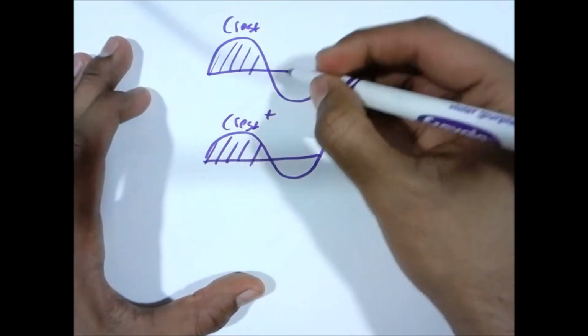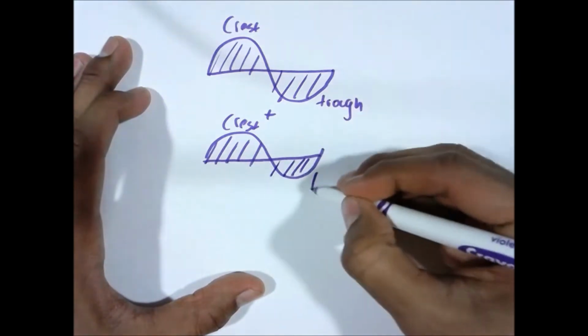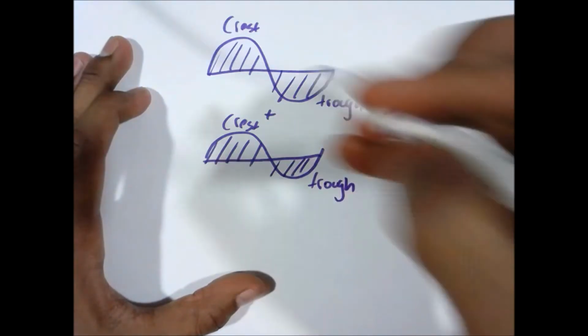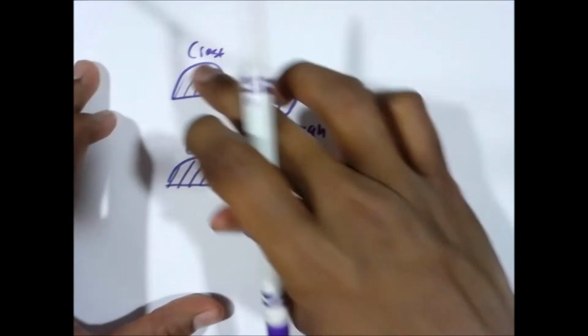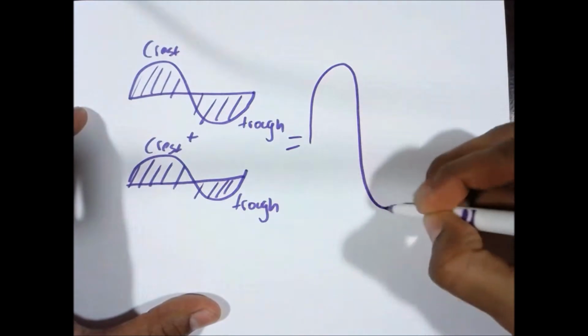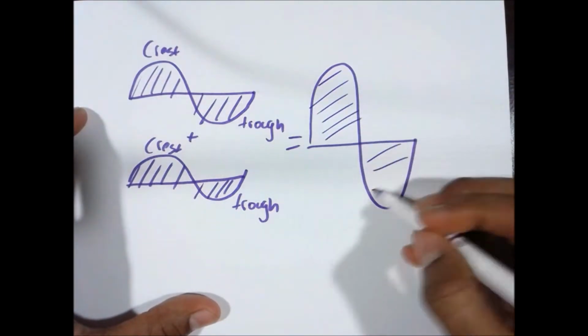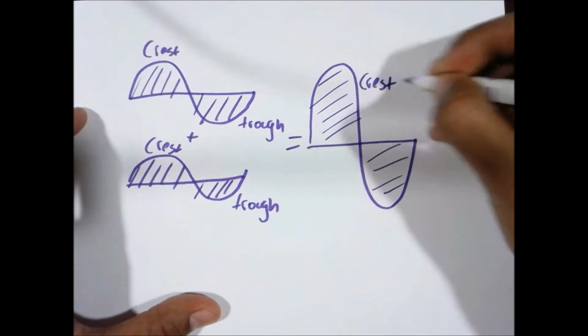Crest plus trough. You guys already know what we're going to get. When one wave meets another wave, crest to crest, we're going to get a really big wave. Right? Crest, trough.